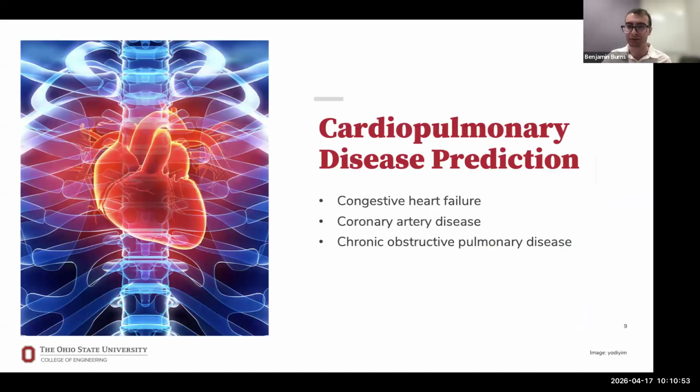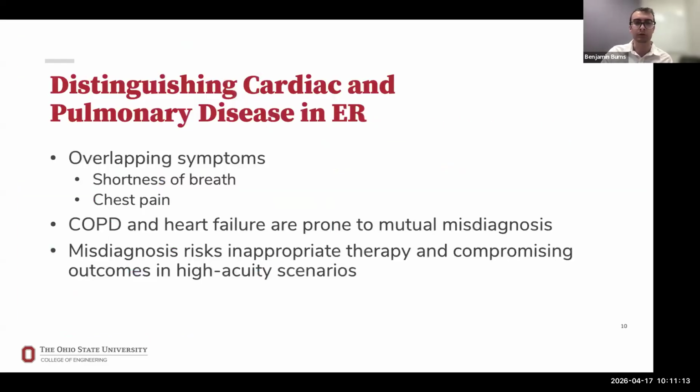Now, quickly jumping to our other application, cardiopulmonary disease prediction, here we're addressing a different challenge and a different background. And specifically, we're trying to differentiate between congestive heart failure, coronary artery disease, and COPD and related pulmonary diseases in emergency care settings. And we care about this problem because all these diseases can present similarly in emergency care settings because they have overlapping symptoms, including shortness of breath and chest pain.